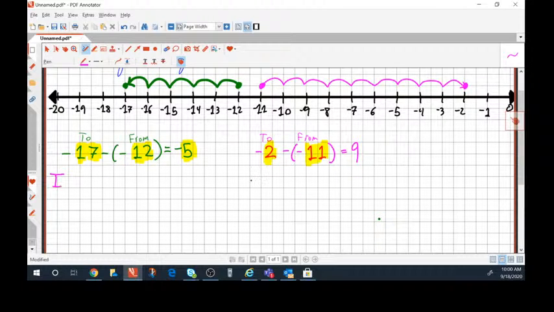Got a pencil? If we subtract two negatives, it acts like subtraction. It acts like what it is.